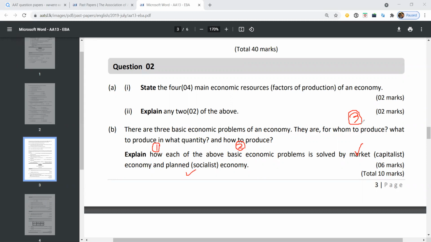If income gaps are overcome, no need to think about for whom to produce. What do they do now? The planned economy produces goods for everyone in the society, in which we can say by reducing income inequality in the society. Right. That's how these problems are solved in each economic system.